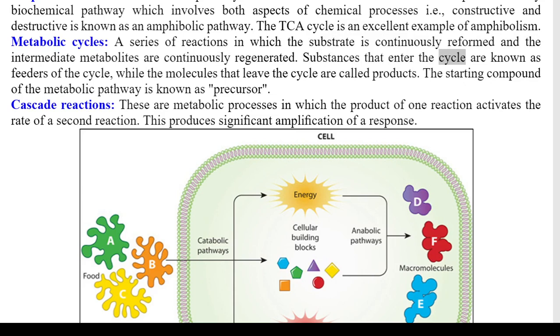Substances that enter the cycle are known as feeders of the cycle, while the molecules that leave the cycle are called products. The starting compound of the metabolic pathway is known as precursor. Cascade reactions. These are metabolic processes in which the product of one reaction activates the rate of a second reaction. This produces significant amplification of a response.